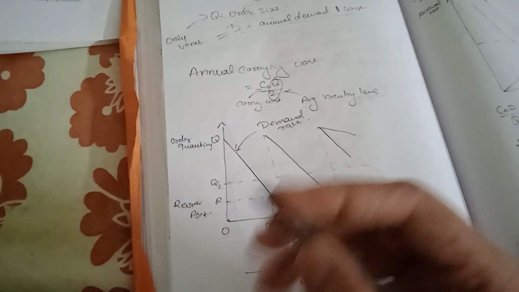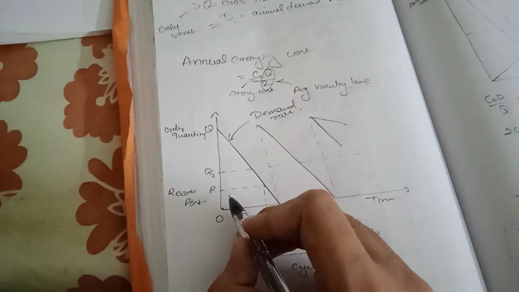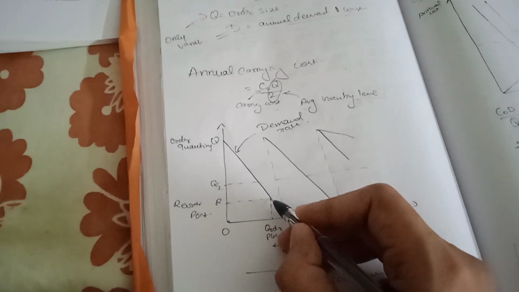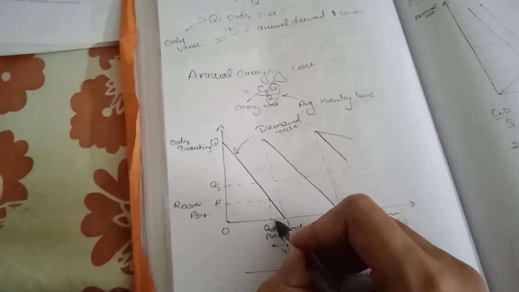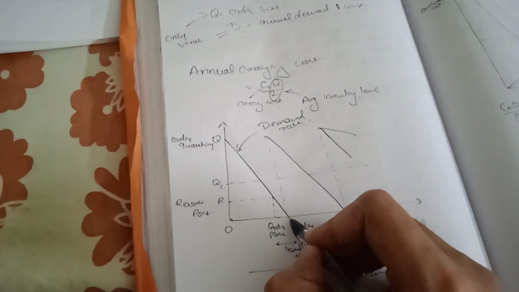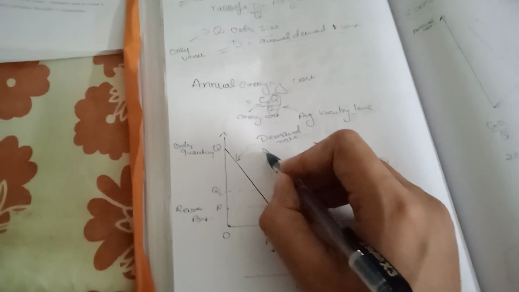By the time we receive our new scooties, this remaining inventory must be gone, we must have sold it. So when we make the order, after this time period we receive it at this point, and our inventory goes back to this point.